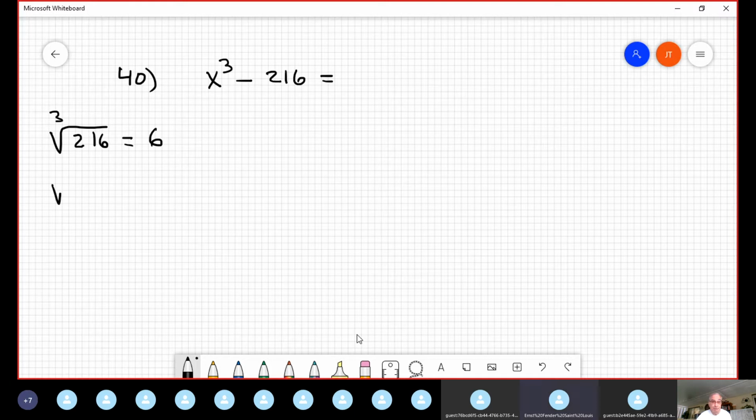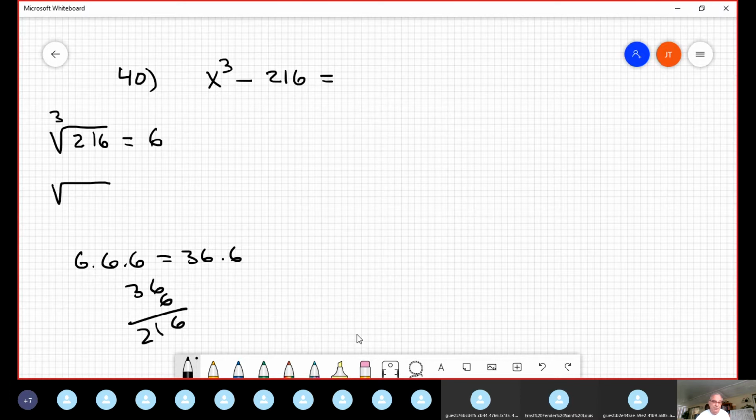I see, it's 6 times 6 times 6. 6 times 6 is 36, times 6 is 216. And the cube root of x³ is x, and the coefficient is an invisible 1.